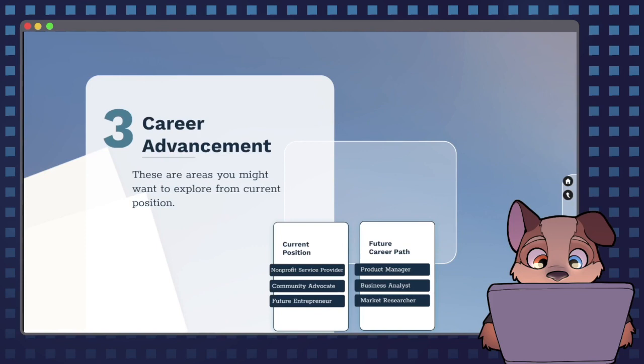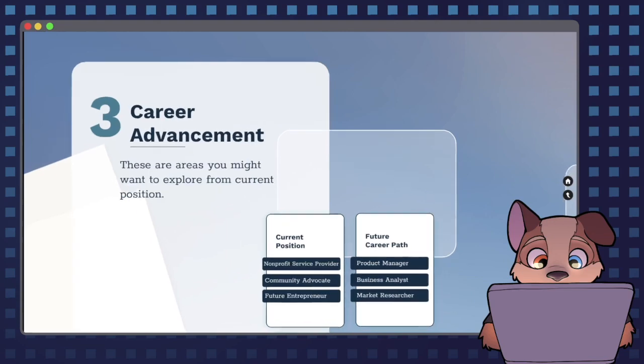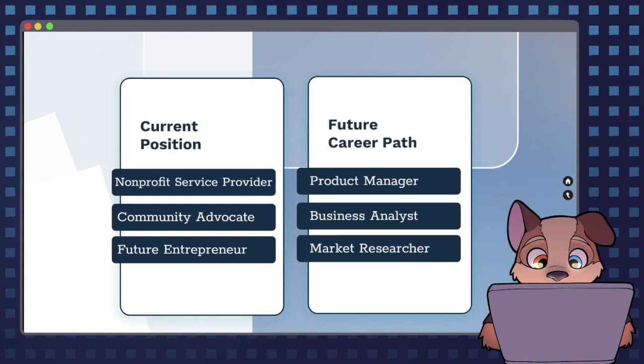So after you have familiarity with the problem space expert role, what are some careers that you can use this kind of skill set for? And so if your current position is as a nonprofit service provider, like a frontline staff, or a community advocate, or maybe you are a future entrepreneur, start with the skill set here of the problem space expert.